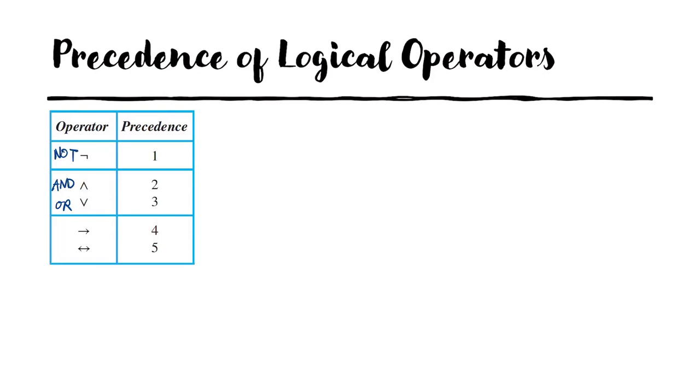Normally, if you see any negation, you will deal with that first, and then you will have and, and then or. For or, you can either have the disjunction or the exclusive or. And then you will have the implication, and finally the biconditional goes last.